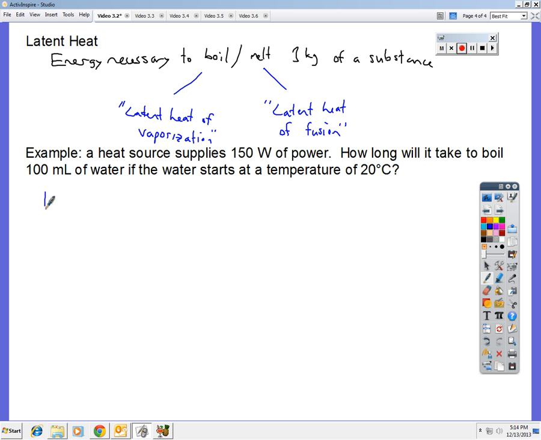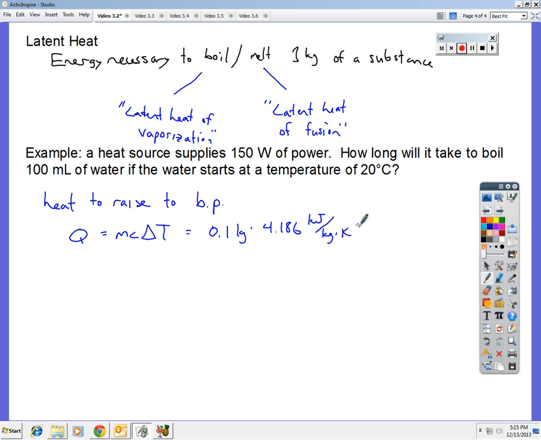boiling point. So heat to raise to the boiling point is given by mc delta T, and the mass of the water is 0.1 kilograms. The specific heat of water is 4.186 kilojoules per kilogram Kelvin, which is different because I'm using kilojoules instead of joules.